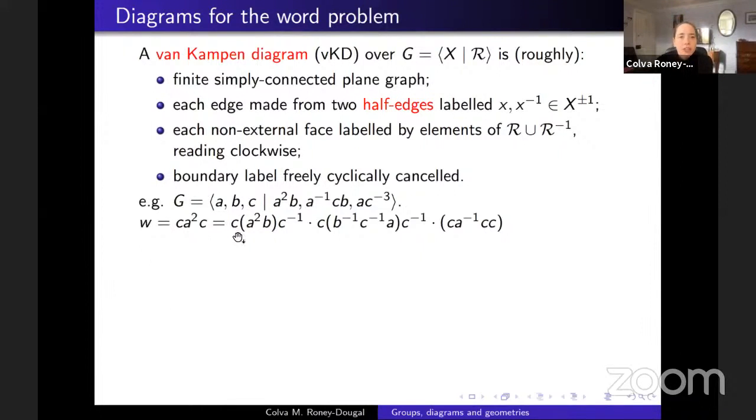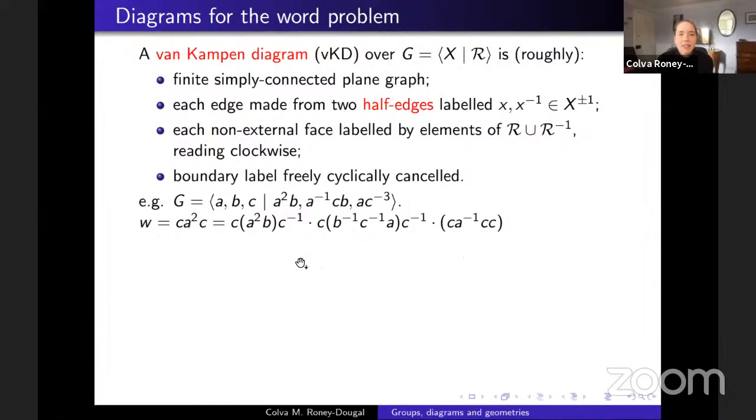So yeah, my word can be written as C inverse with one of the relators in between, C inverse with the inverse of this relator in between, and this is effectively a conjugate of C cubed A inverse, which is the inverse of this relator.